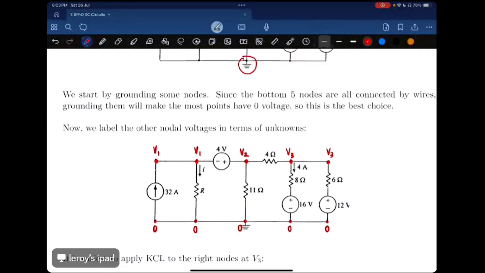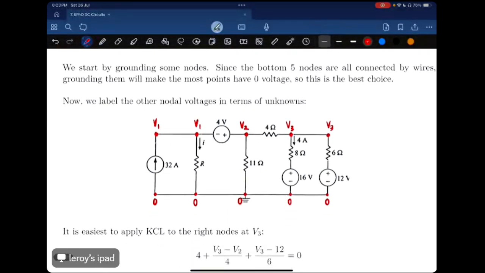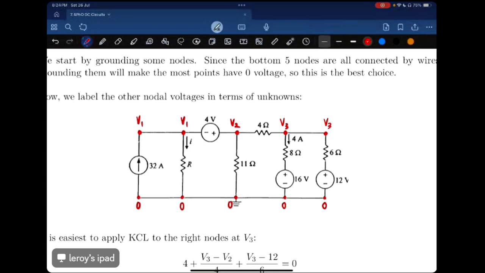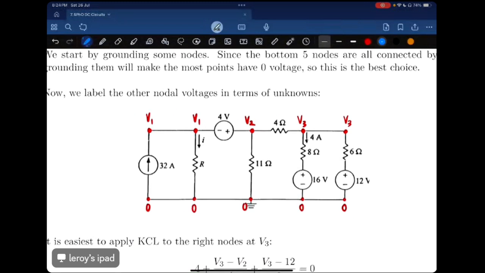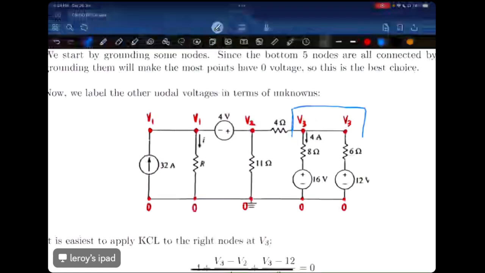Now, once you do this, what you're left to do is to apply KCL as many times as you can. For instance, let's focus our attention on these nodes.